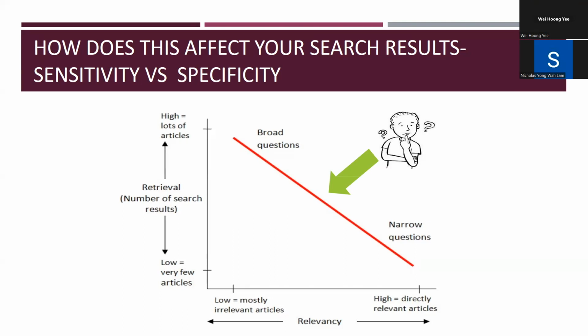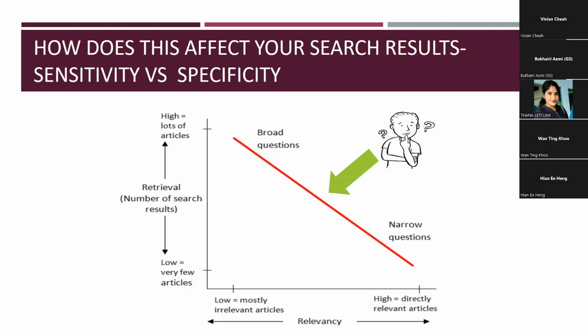If it's too narrow, then you will get very few articles, but you will definitely get relevant articles.